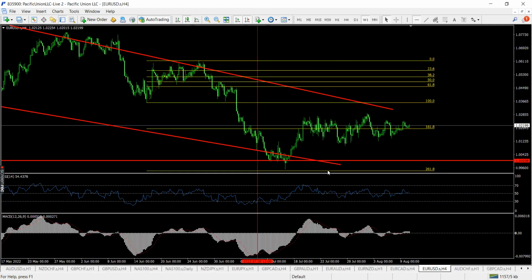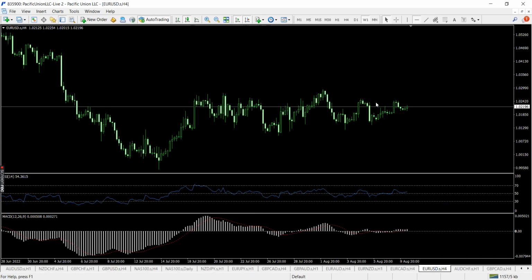Currently, Euro USD is kind of ranging. It's really ranging; it's not having any specific direction yet. Okay, this is the 4 hour. Let's drop down to 1 hour and see if this can give us a setup.